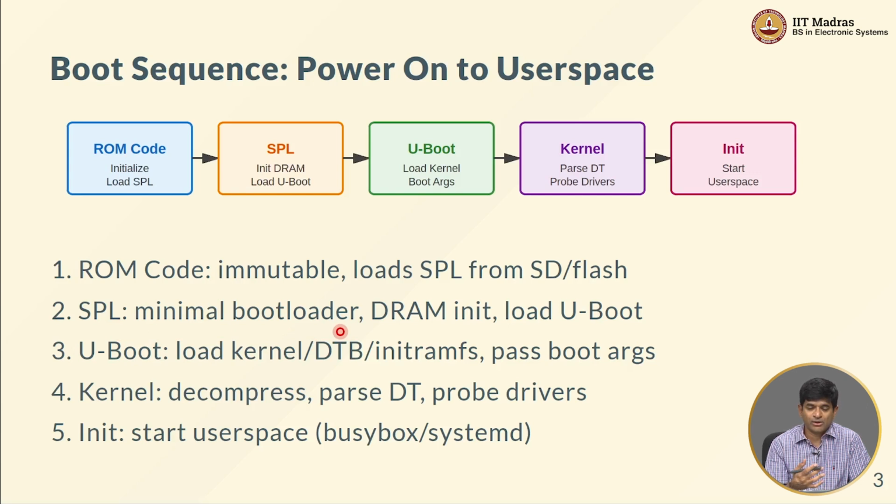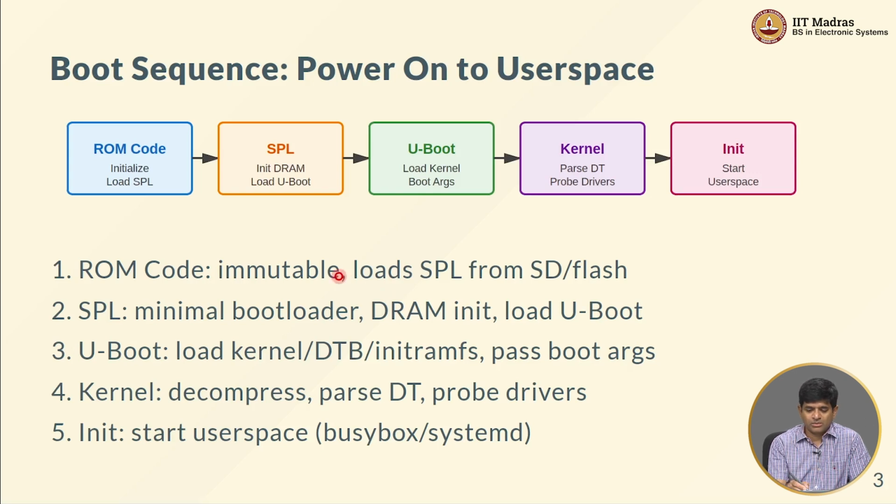So you can see this sequence that's happening. We have got a very small program, the ROM code. The interesting thing about it is it's what's called immutable code, and what we mean by immutable is that it cannot be changed, which is good. I typically want to make sure that I'm guaranteed that anytime I switch on the system, it is going to start reading from a certain location in memory, and I shouldn't be able to change that even if I want to, because it's possible that if I accidentally go and write some wrong instructions in that code, my chip is forever dead, there's no way I can recover from it.